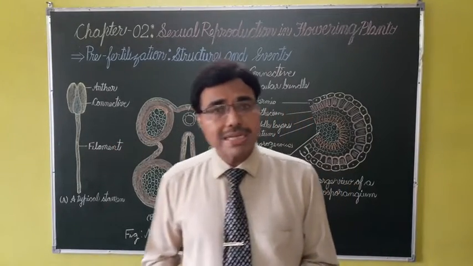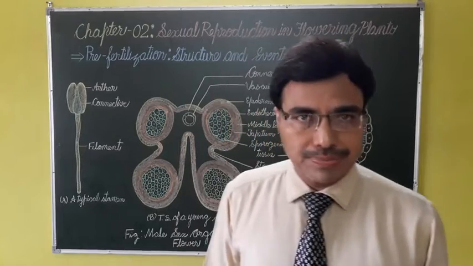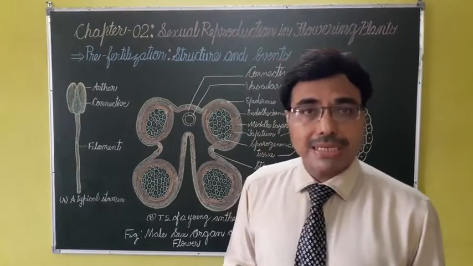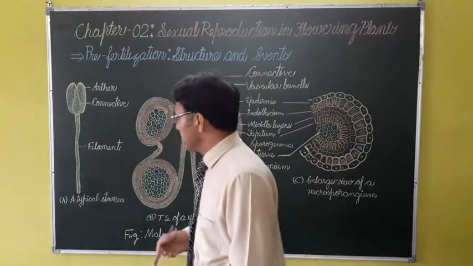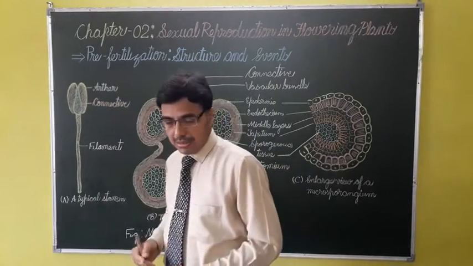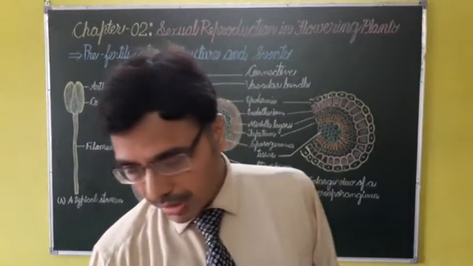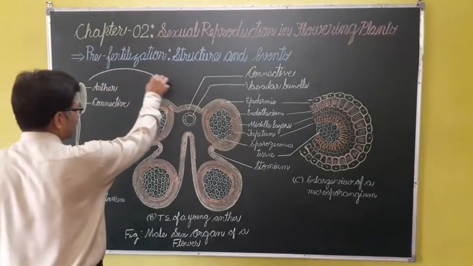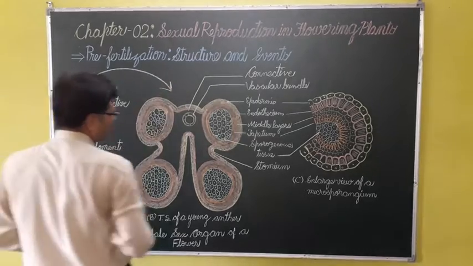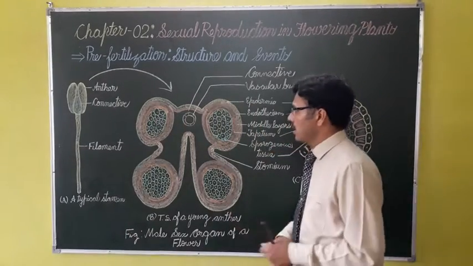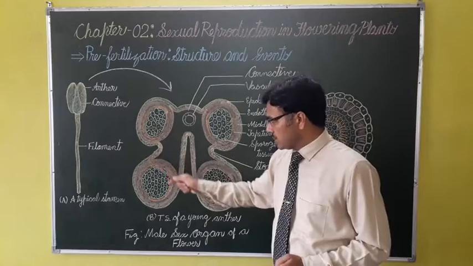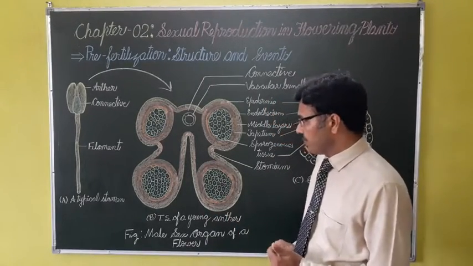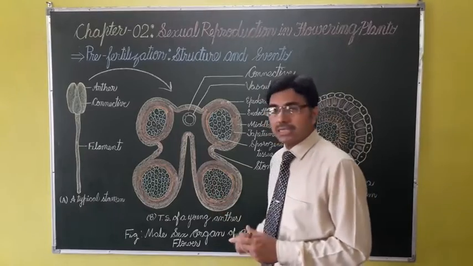Now what is inside an anther? To find out what is inside an anther, we cut the section of this anther. In the transverse section of this anther, the structure which is visible is somewhat like this. You are observing that four corners are there.